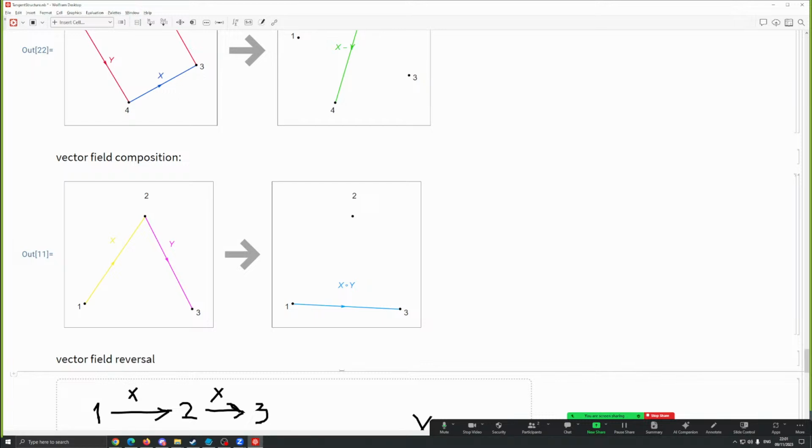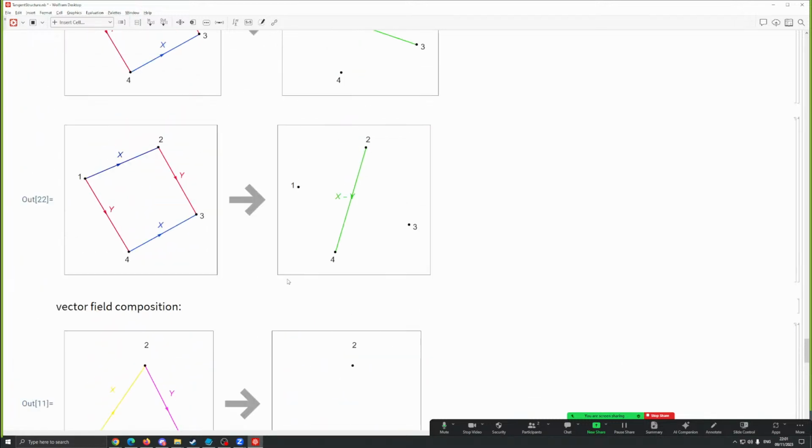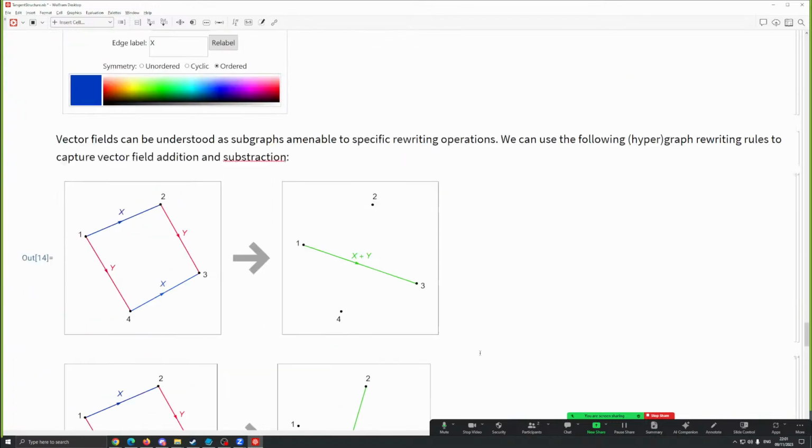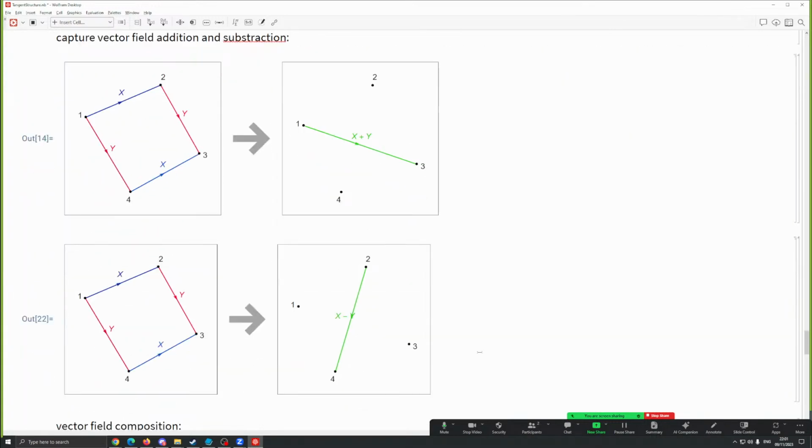Replace your blue x arrows with the loops that represent a 0, and that rewriting rule should take your arbitrary y field to its minus. If you have a definition for the 0 one and also a definition for difference, then it should define the minus.